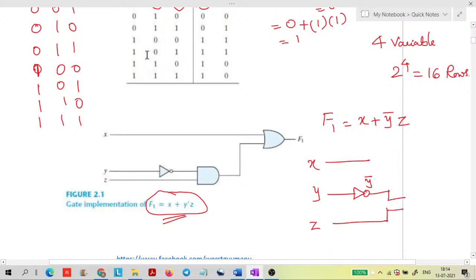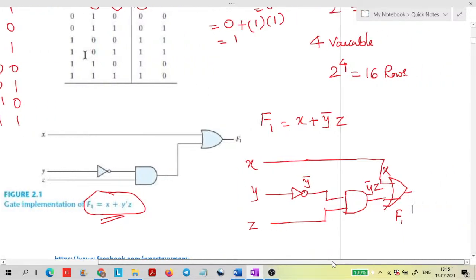This is AND, so you write an AND gate. Here we are getting y bar into z, right? So this plus x, now this is x plus y bar z. So you need to use an OR gate. Okay, so this is the function f1. In this way you need to write the function.